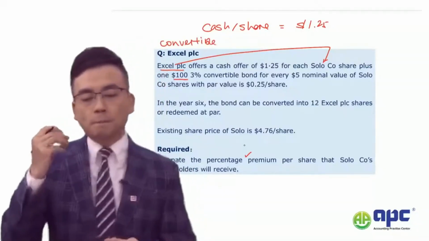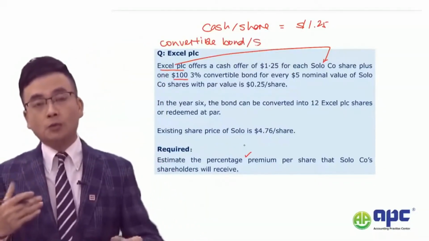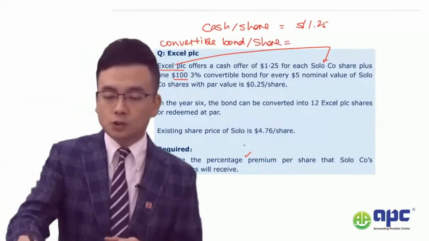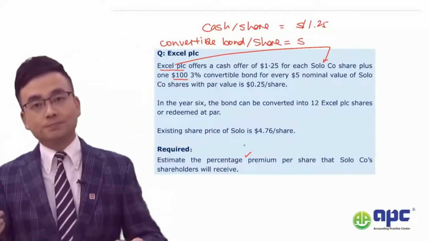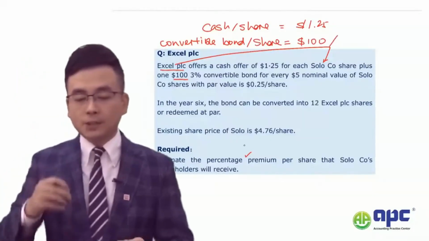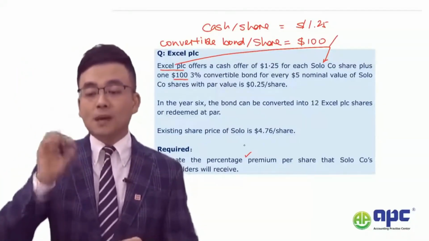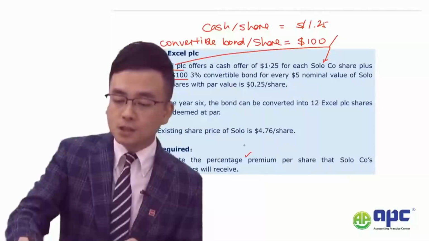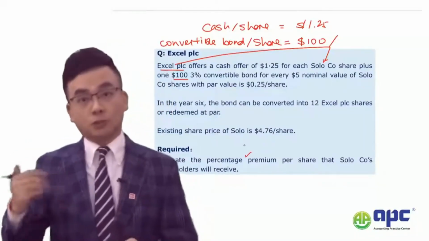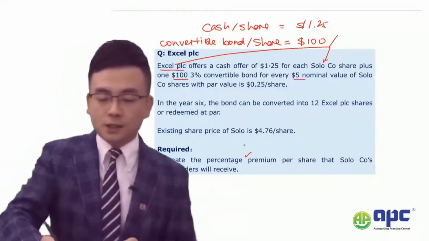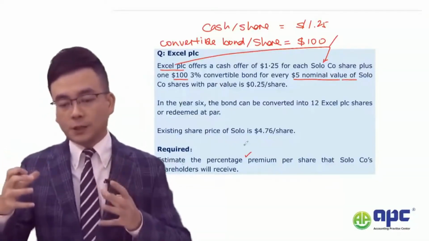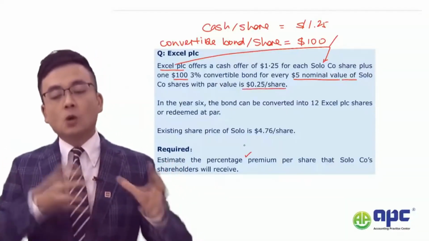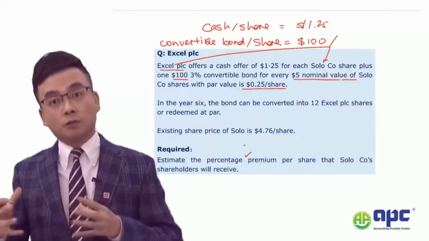Because we are told the convertible bond nominal value will be $100, we need to work out how many shares are in there, because for $100 it will be every $5 nominal value of the share. The par value is 0.25. So this means that the total value for each convertible bond will be equal to $5 worth of shares.